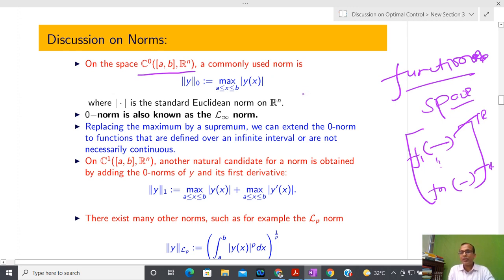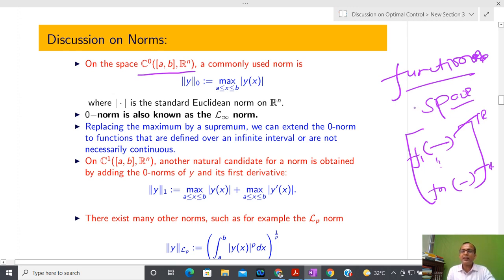One more important thing I want to highlight: whenever we define the norm of some function, I know how to calculate the absolute value. So we take the help of the absolute value only to define any norm.